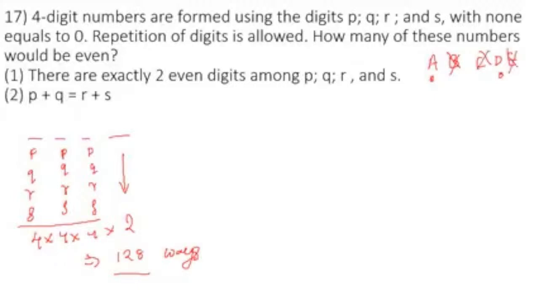Now statement 2: can we get the answer or not? P plus Q is equal to R plus S. What does this mean? The possibilities could be even and odd, or even, odd, even, and many other possibilities, such as even equal to even plus even.